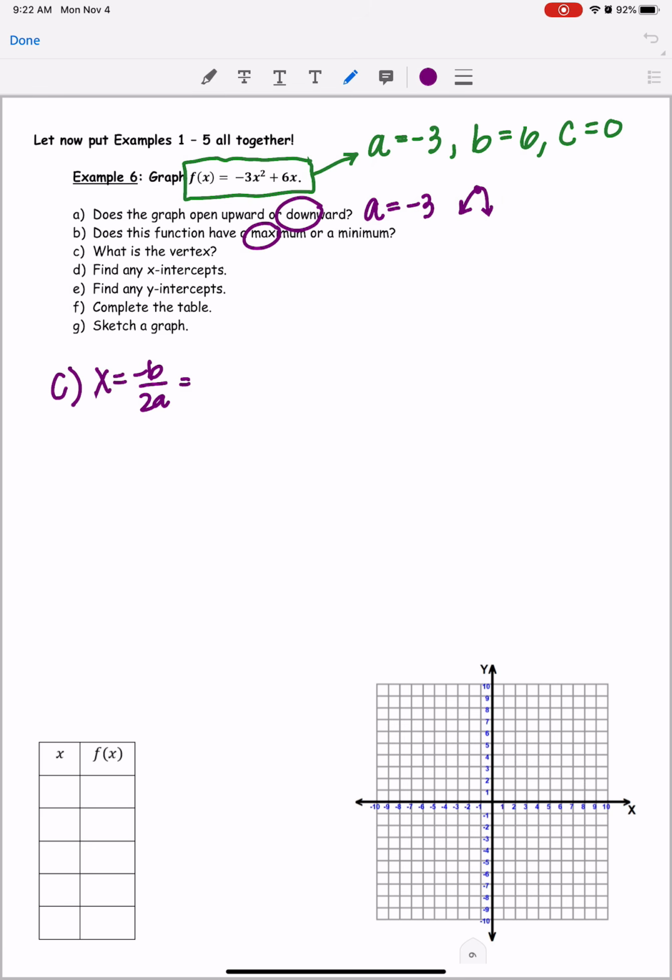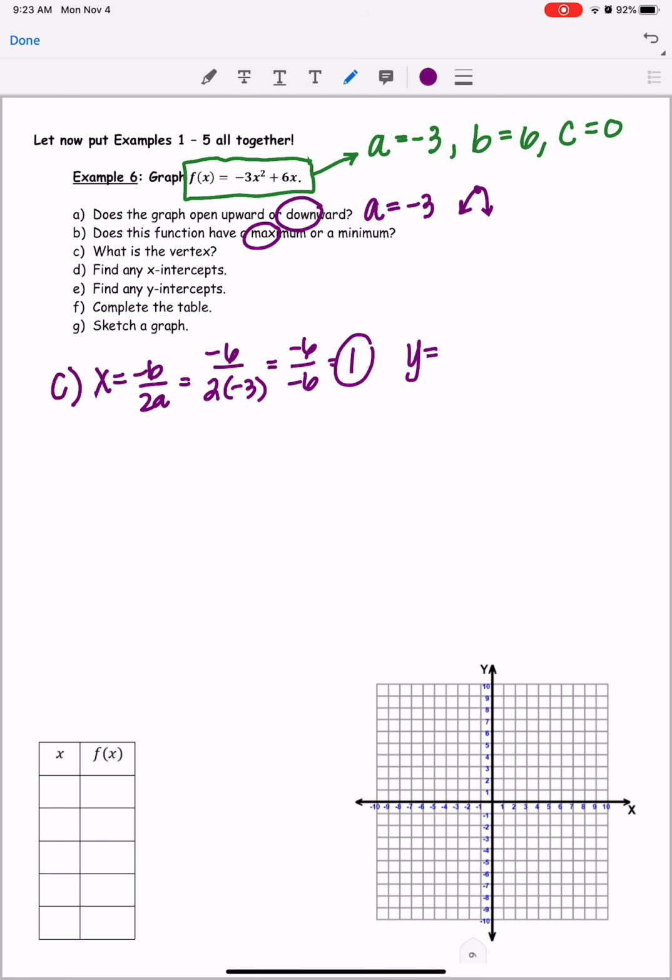So my -b would be -6 over 2 times my a, which is -3. So we got -6 over -6. So this gives me a +1 for my x. So now plug that in to get your y.